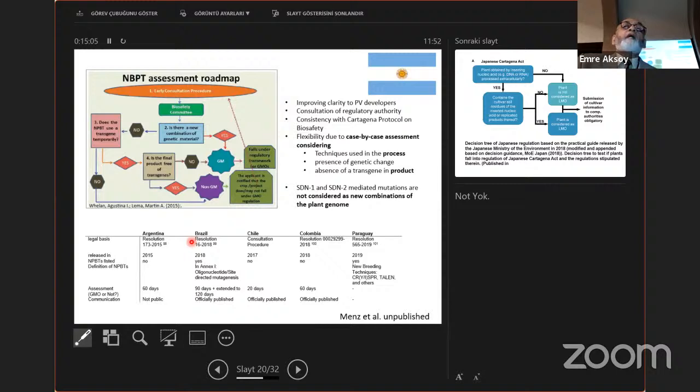If they say yes, then that is a GMO. And next, does the NBT use transgene technology? If yes, then is the final product free of the transgene? Then they do more things about that.